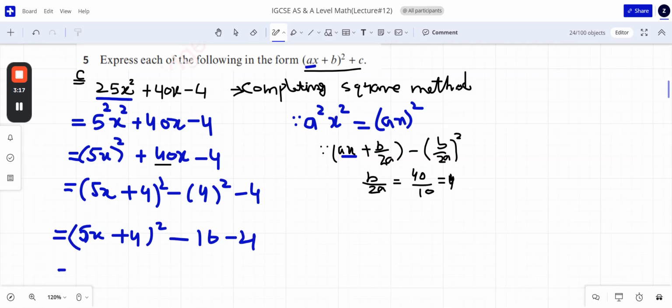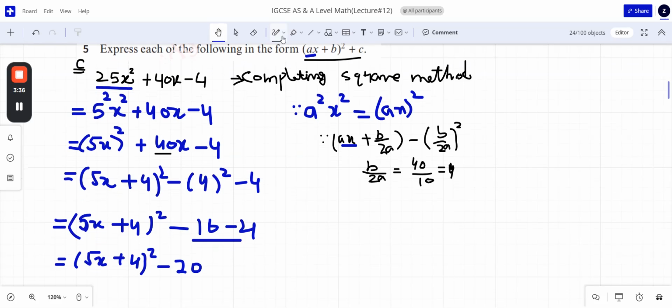So now at the end, we got our completing square, our perfect square. The second, the constant values we will solve: minus 16 minus 4. Minus minus makes plus, meaning the values will add. So here we got our required form, which is (5x plus 4) whole square minus 20.